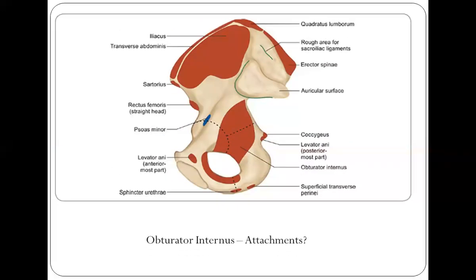Next, we will learn about obturator internus. What is the origin of obturator internus muscle? You see it in this diagram. Obturator internus muscle takes origin from... You can practice your typing skills, type really quickly when you know the answer.